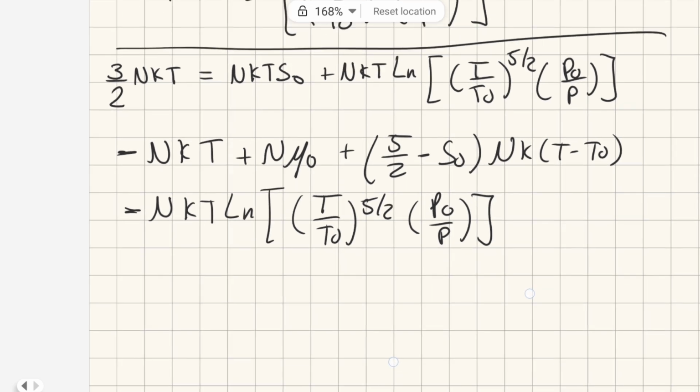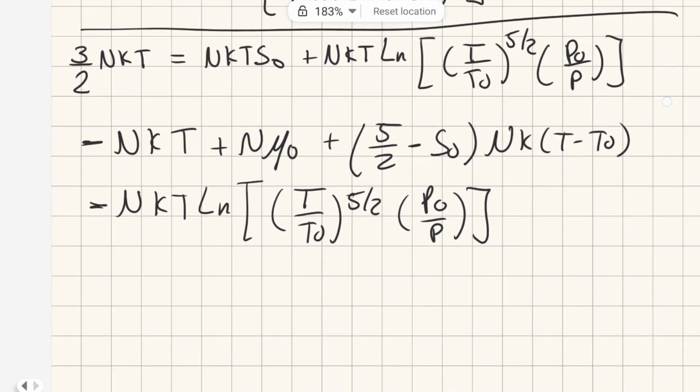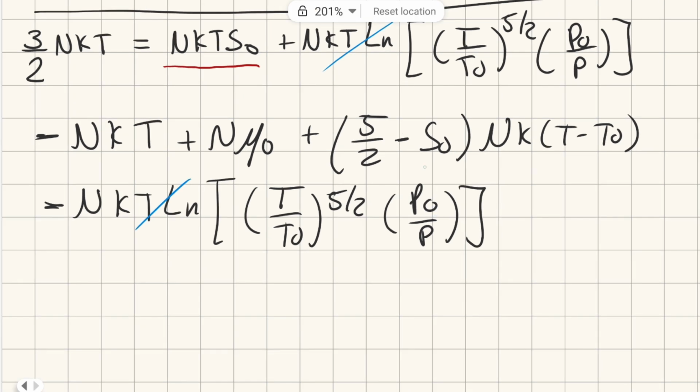Okay, so we have this huge equation. We see easily that this element can cancel with this element. Then you see here that we have plus nkT S0, and then we will have minus S0 nkT. So I think that element is also going to be cancelled.